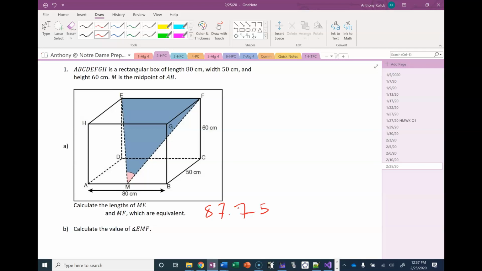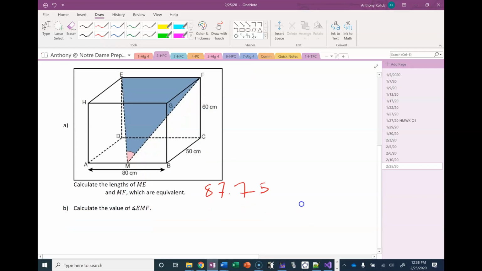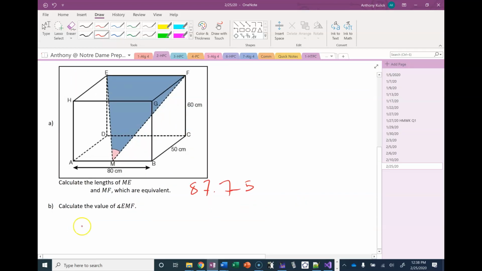So what I would do for this one is, because this is a non-right triangle here, I could use the law of sines or cosines. Since I know all three of the side lengths, it seems like the law of cosines would be the more appropriate one to do.